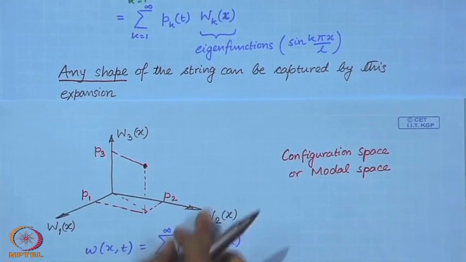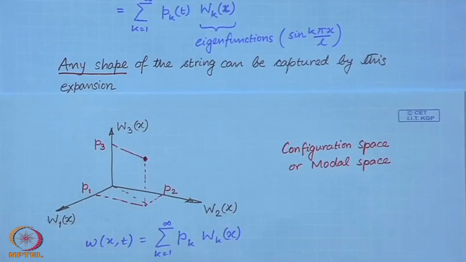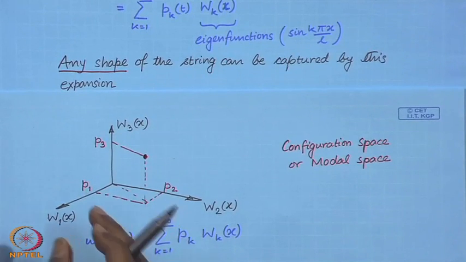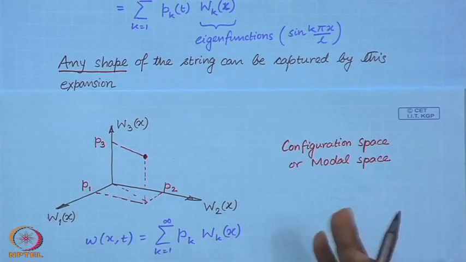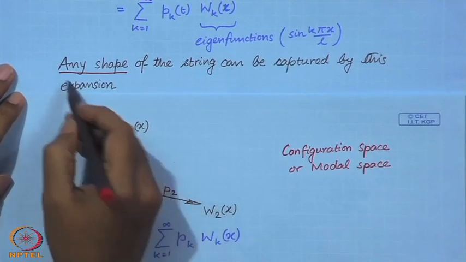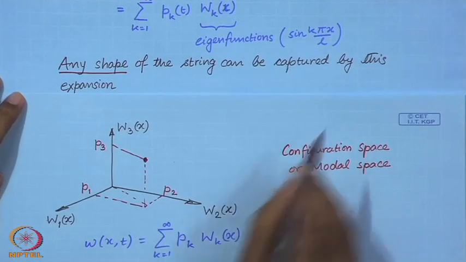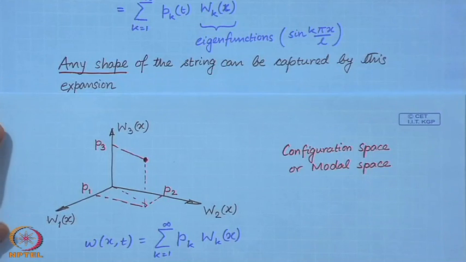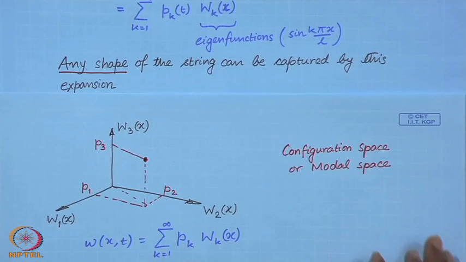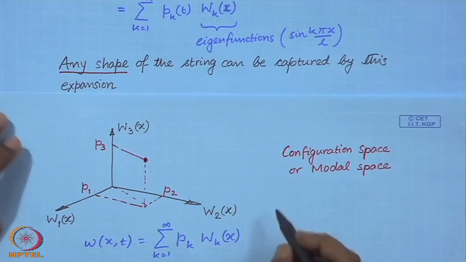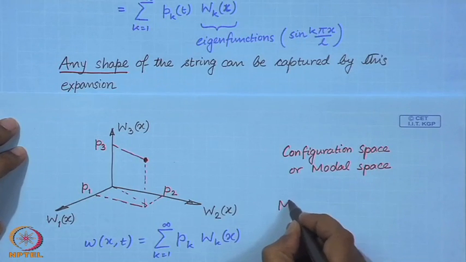Any shape of the string is a point in this space. There is no shape that lies outside this space. So, this is the important thing. Any shape of the string can be captured by this expansion. This is known as the expansion theorem, the modal expansion theorem.